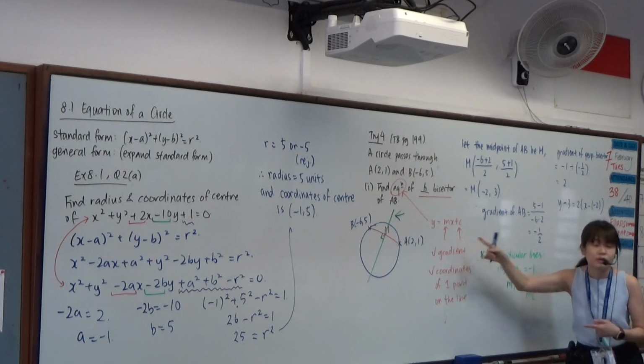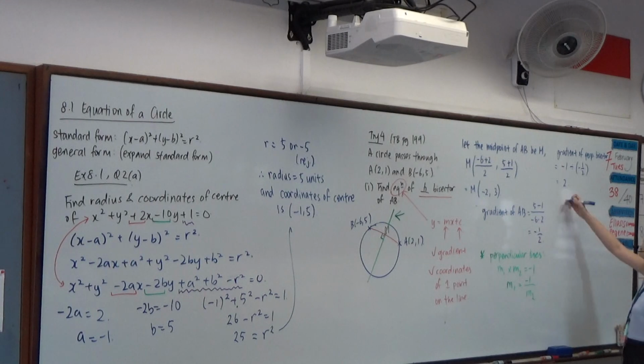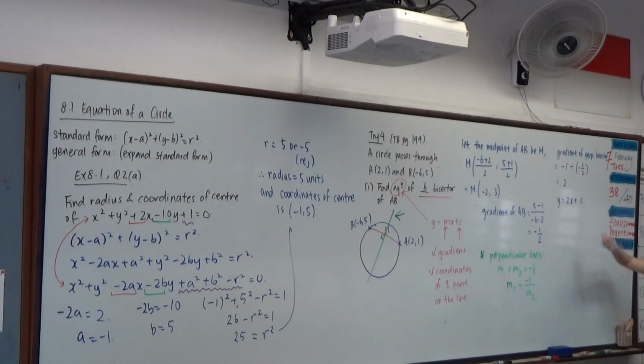Okay, then I'll stick with this. So y equals 2x plus c. Because the gradient is now 2, we need to find c. At the midpoint, c is 7. So y equals 2x plus 7. Okay, questions?